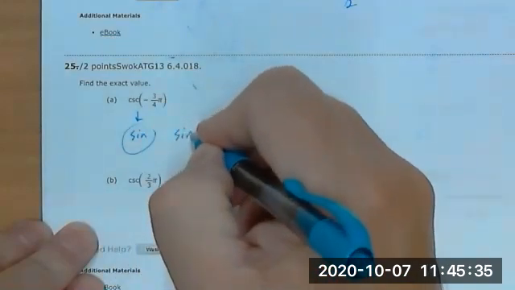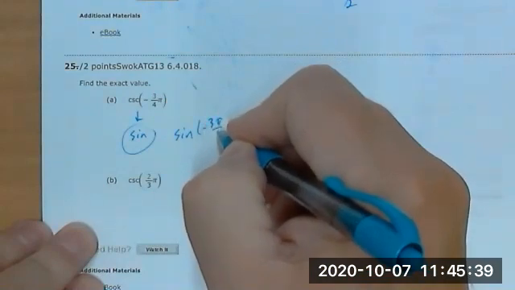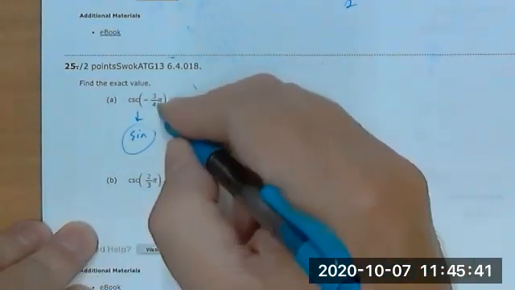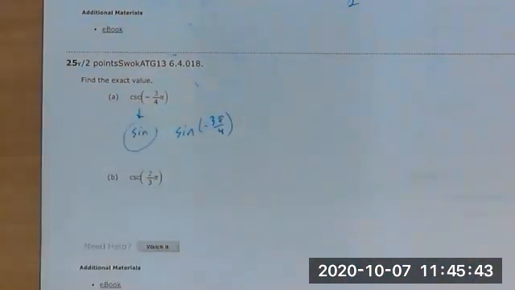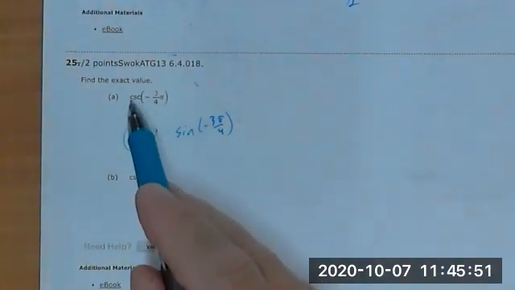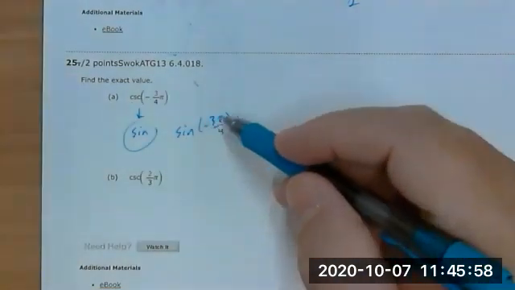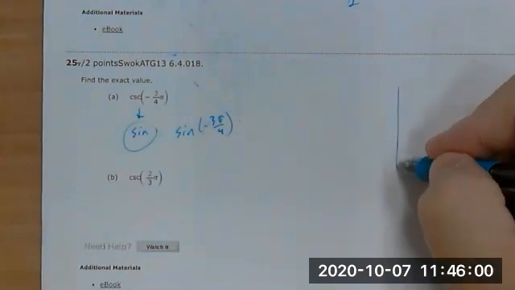Let's find the sine of -3 pi over 4. And then if I take the reciprocal, that'll be the cosecant, right? So I go ahead and I find the answer for its sort of partner. And then if I flip it, then that can be the actual answer. So let's find the sine of -3 pi over 4.